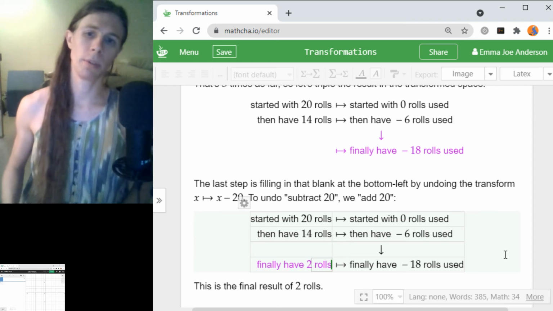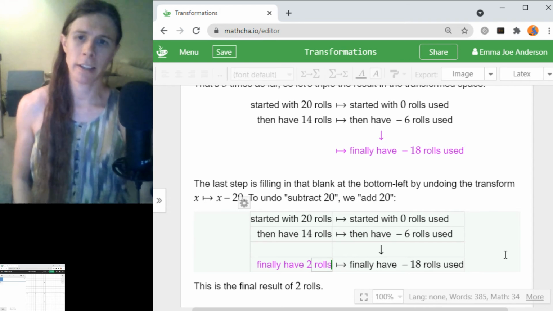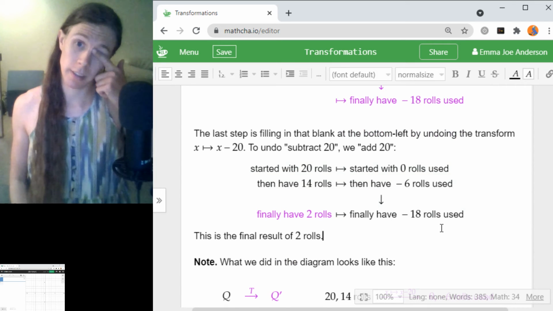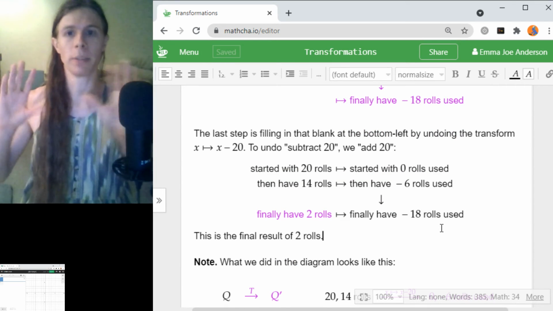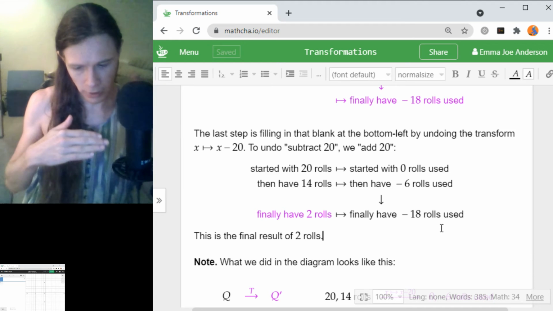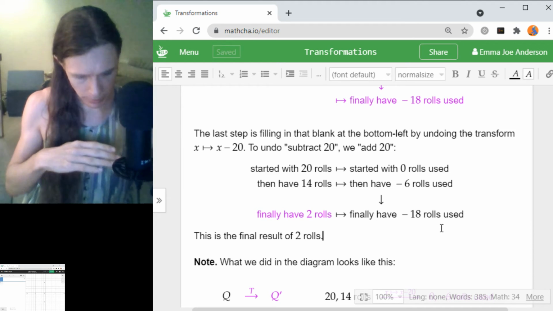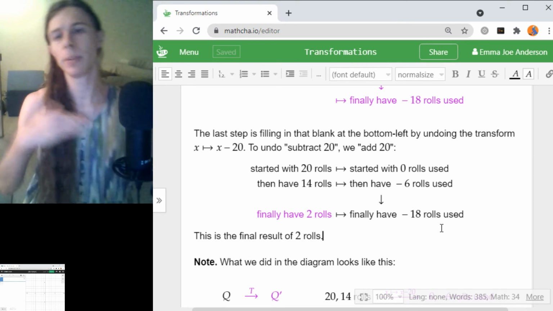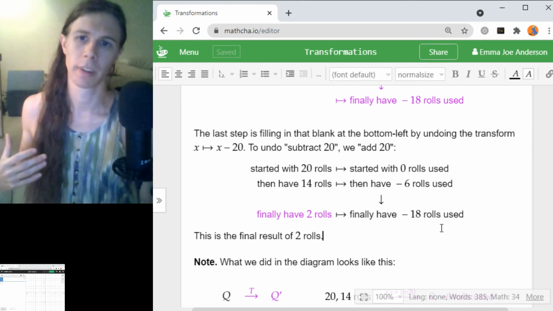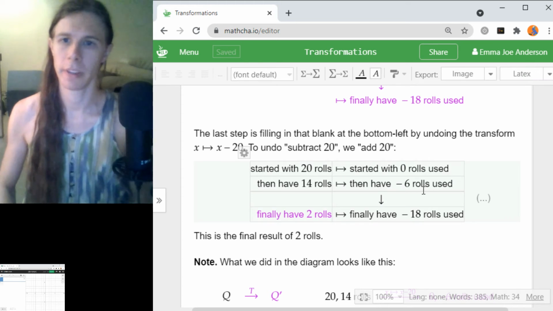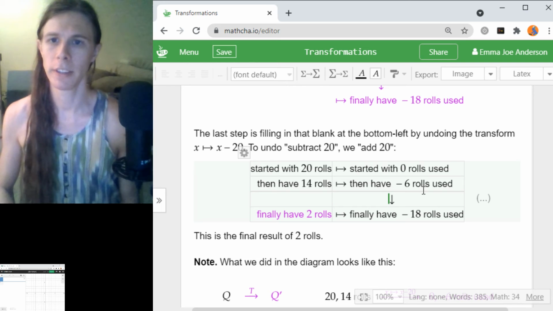Finally have 2. And so just adding the word used there really sort of makes it clear what's going on. We transformed into the space of focusing on relative to a 0 start, how many were being consumed, and then it was easy to find the final value, convert that back.